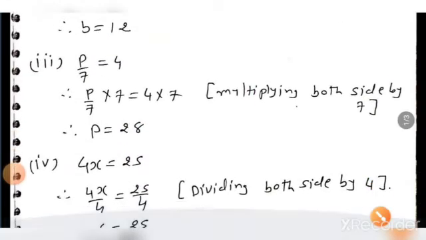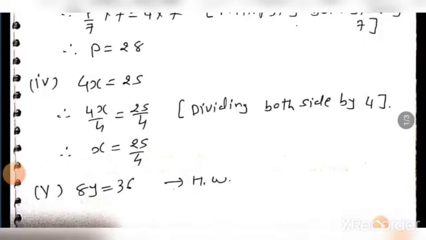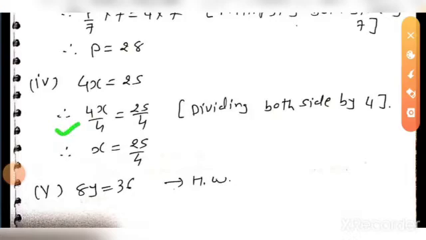Then the next question, 4x is equal to 25. In 4x is equal to 25, I just divide both sides by 4.